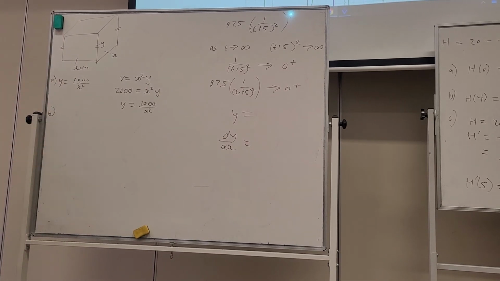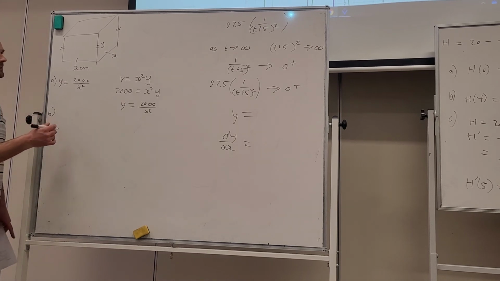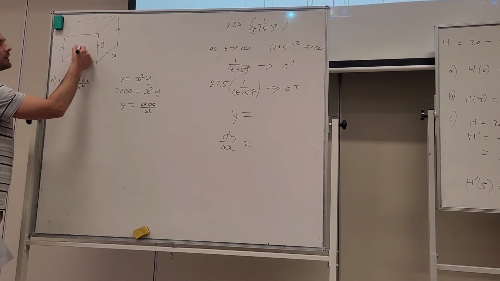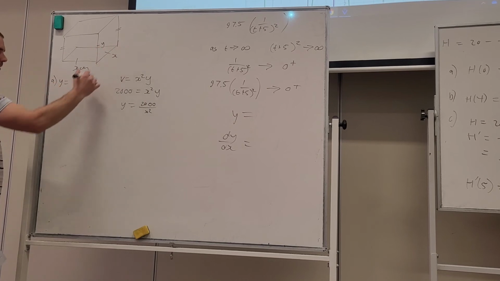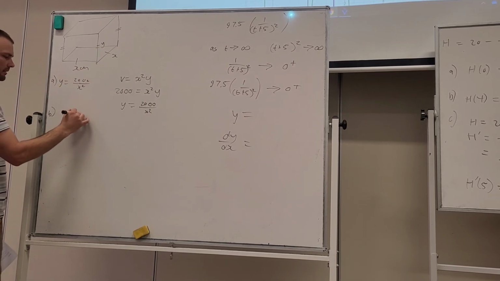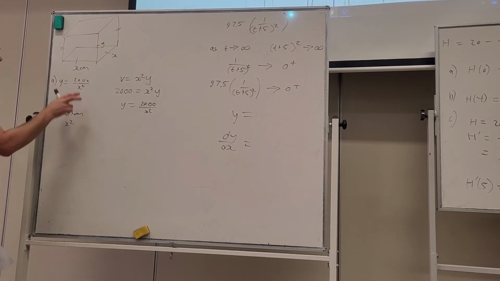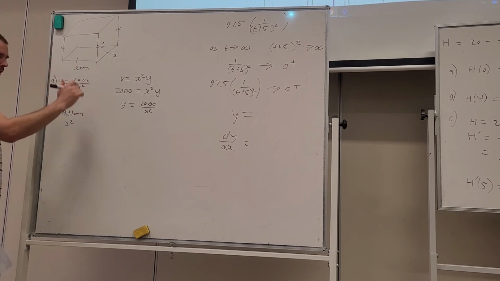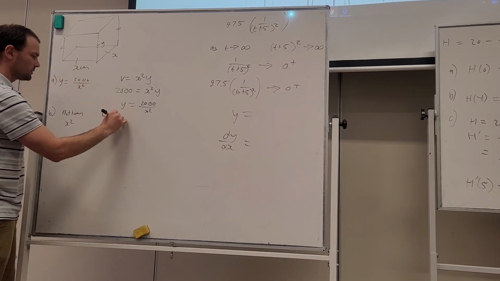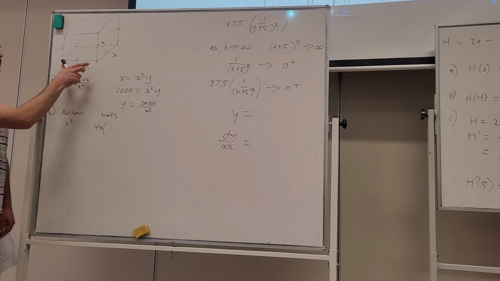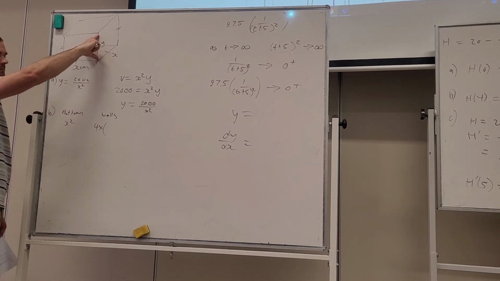Part B. Show that the surface area is given by this equation. It has an open top, so we don't include the top. So when we're talking about surface area, we need the bottom, and the bottom is going to be x squared, and then there's 4 walls. There's 4 of them, and each wall has an area of x times y.